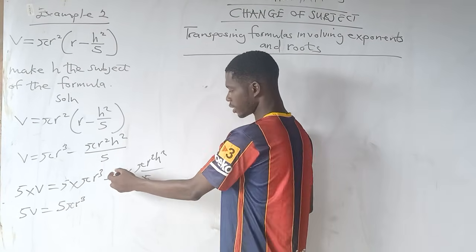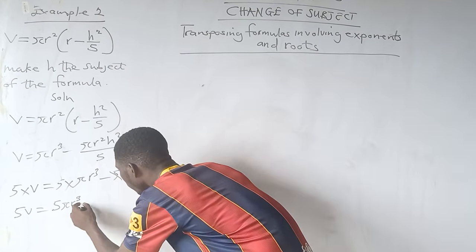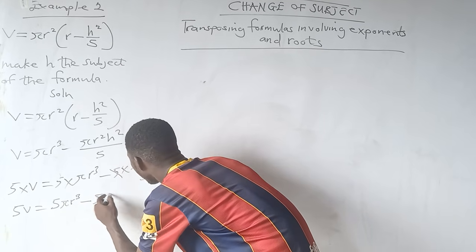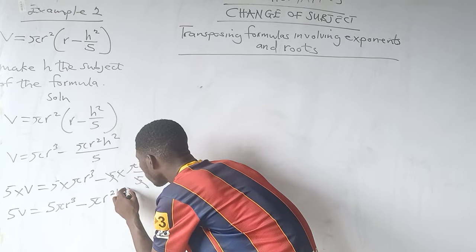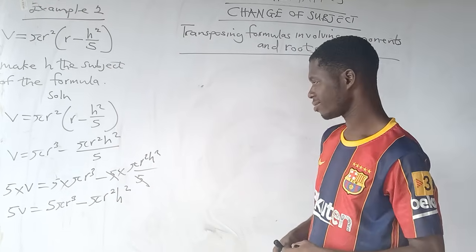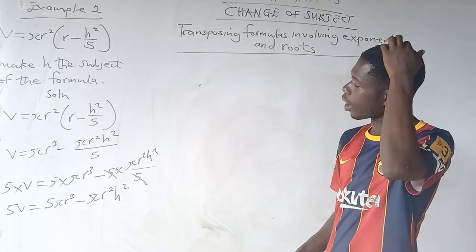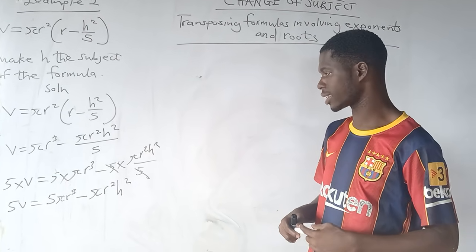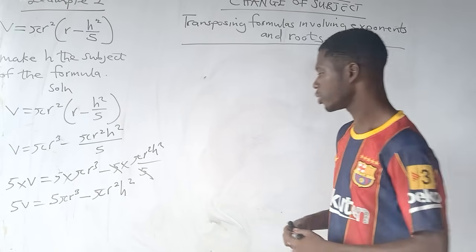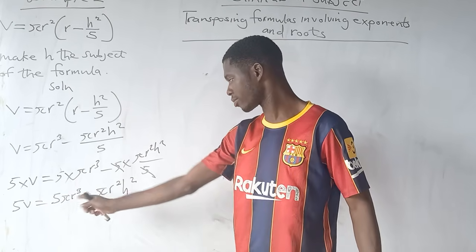So the 5 here will cancel the 5 here. So minus pi r to the power 2, h to the power 2. Right? Good. Now we are looking for h. We are making h the subject. Right? Okay.